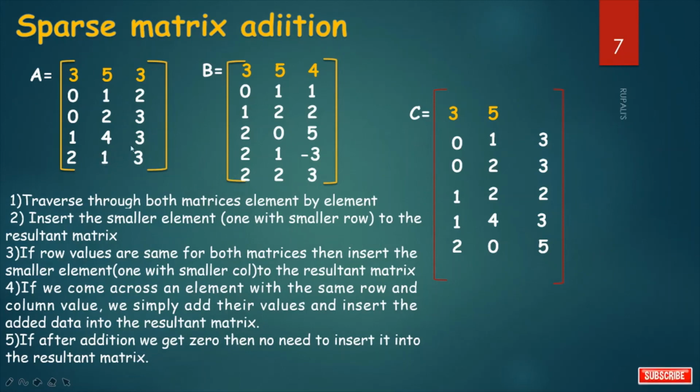Then I have to add these two elements and the result is 3 plus -3. The result is 0. If after addition we get 0, then no need to insert it into the resultant matrix. So ignore this value. And finally it is 2, 2, 3, insert 2, 2, 3. So total number of non-zero values is 6. So here you have to write 6. So this is the resultant matrix in 3-tuple form after addition.